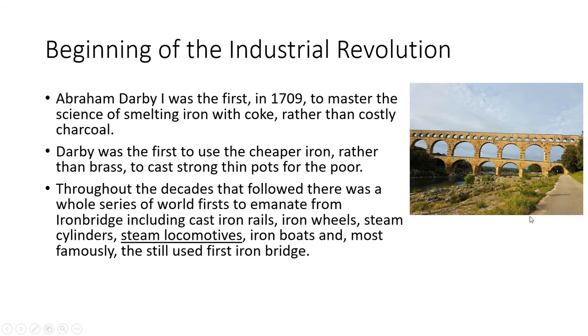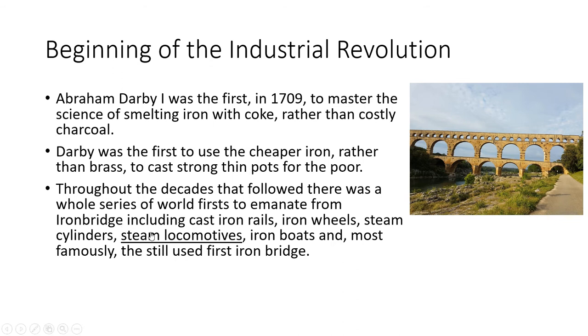So he's the first to master the science of smelting, but not just for a bridge. He was known to make very thin cast iron pots, which are still used now, pots and pans, and it's cheap. So he sold them. Lots of people couldn't afford other things, or copper. So he was very good at selling these to the underclasses.